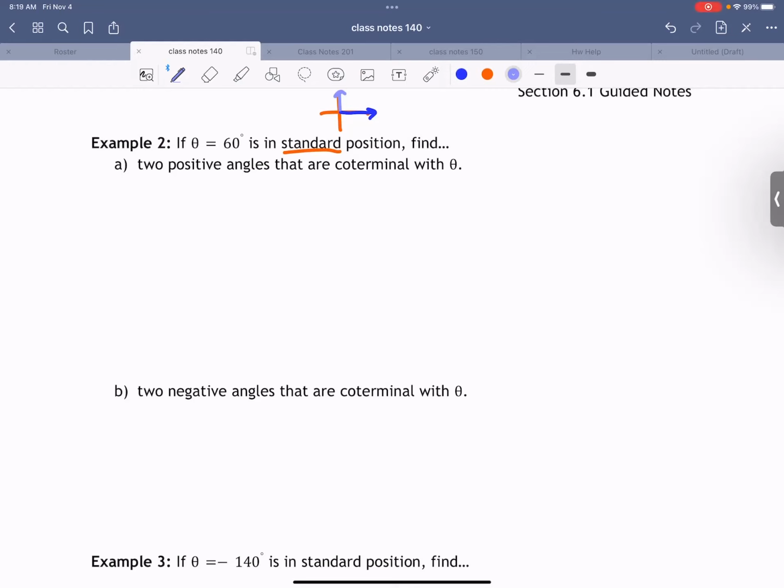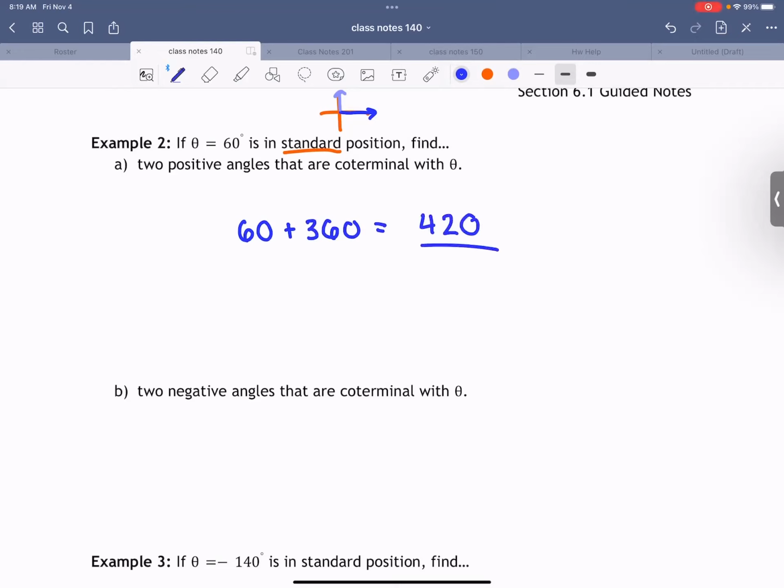This question is asking us to find two positive angles that are coterminal with theta, and also to find two negative angles that are coterminal with theta. For the positive ones, what do you think I should do? Yeah, add 360. I can take 60, add 360, and that gives me 420.